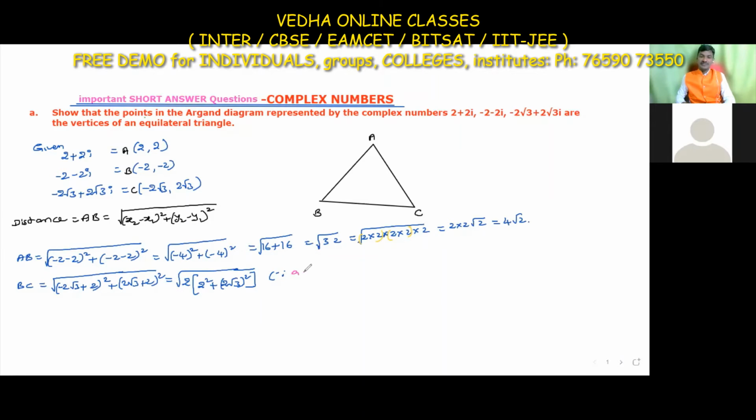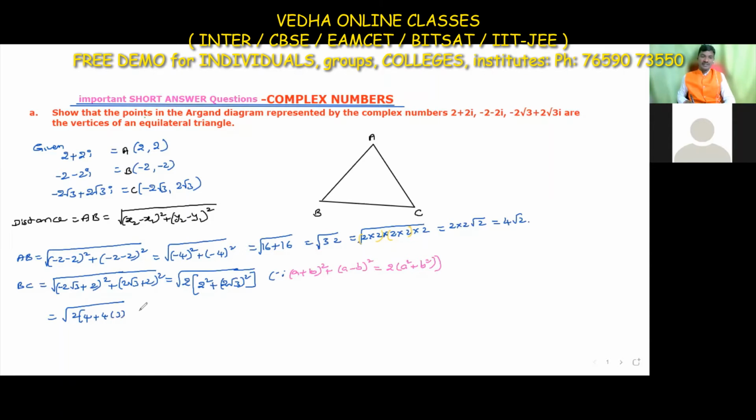If you want, write the formula here: a plus b whole square plus a minus b whole square is equal to 2 into (a square plus b square). So this is equal to the square root of 2 into (2 square is 4, plus 4 into 3).